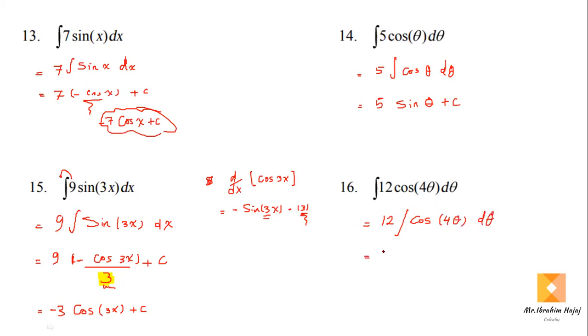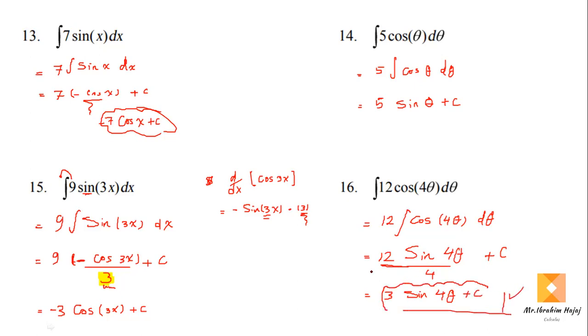Then, the integral of cosine is sine, so it's 12 sine 4 theta over 4 plus c. 12 over 4 is 3, so 3 sine 4 theta plus c.